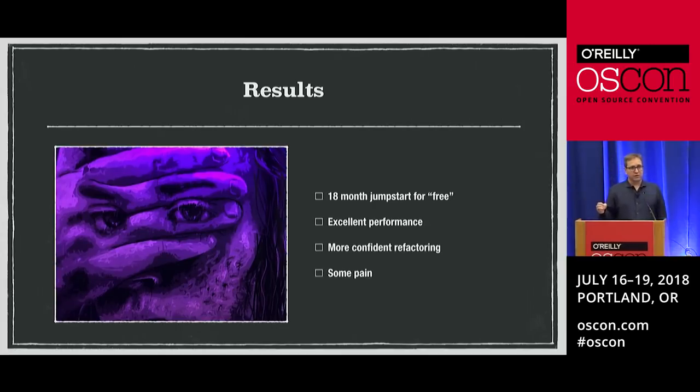For the other languages that we were looking at that could give us the performance that we really needed, we were going to have to write our own runtime that does scheduling the way that we want. We think that the actor model really is the right way to build a system like this, et cetera. And basically, as far as we considered, it was like an 18-month jumpstart for free. More than anything else, we were going for the Pony runtime and working from there.